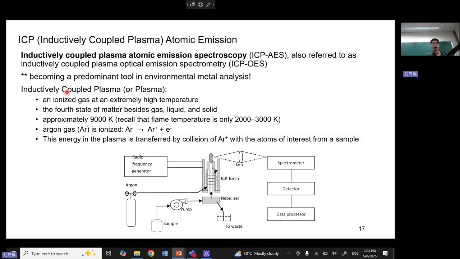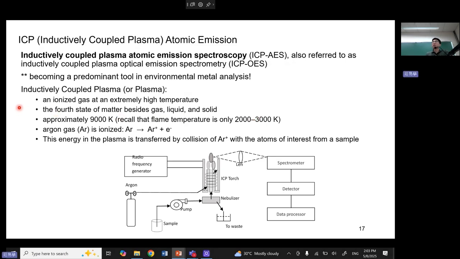Basically, plasma is an ionized gas at extremely high temperature, compared to the relatively low temperature we found in the case of FAA.